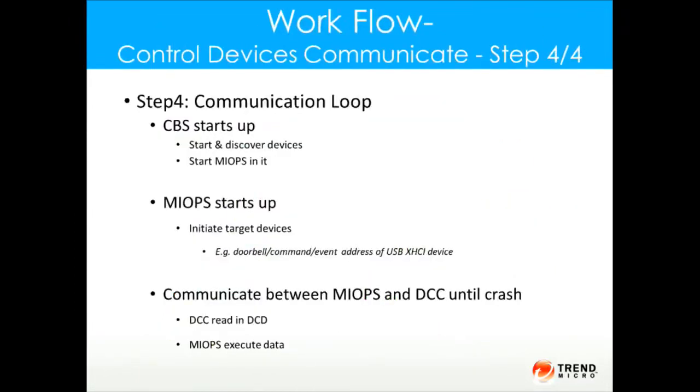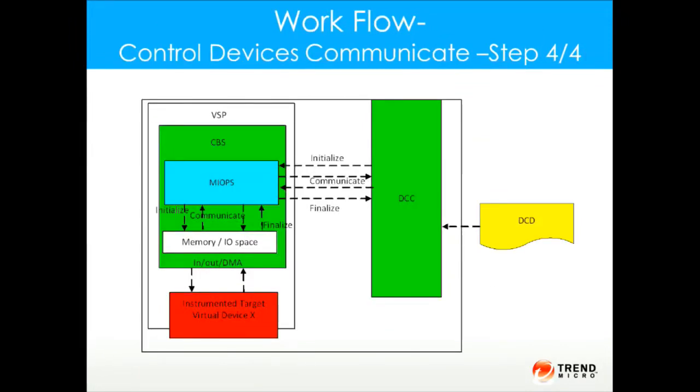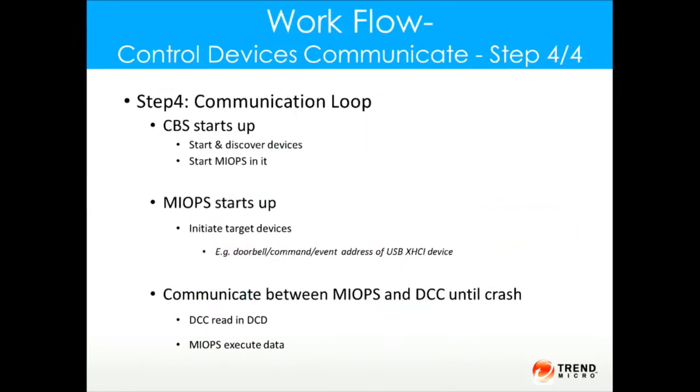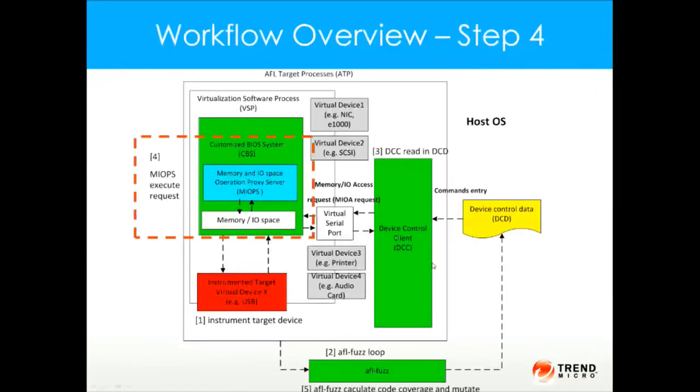So the fourth step is to control the device communication. Actually, the CBS module will start up first. It will discover and initialize the virtualization devices and start the proxy server inside it. And the proxy server will start to initialize the target devices, for example, the USB XHCI related devices.